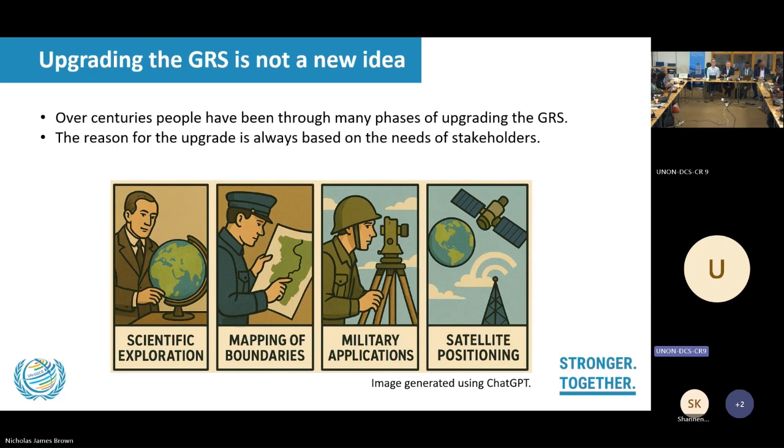And so some examples I've got shown here. Thank you to ChatGPT for generating this for me. But it started off as things like scientific exploration, and you think about trade and maritime navigation. There was need to understand how big the world was and where countries were. And then it's about mapping of boundaries of countries. And unfortunately, military applications are a big driver for improvements in the accuracy of our positioning technology as well.